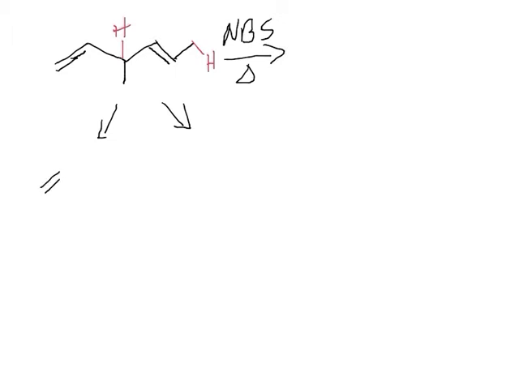But just to be certain, let's draw out the intermediates, because that's going to make a difference for us, because we're going to maybe have some resonance structures we have to deal with here.